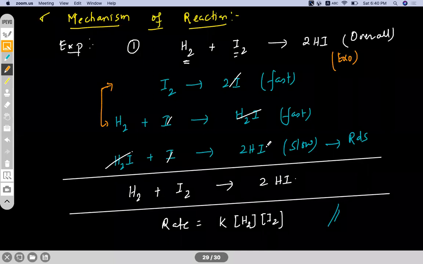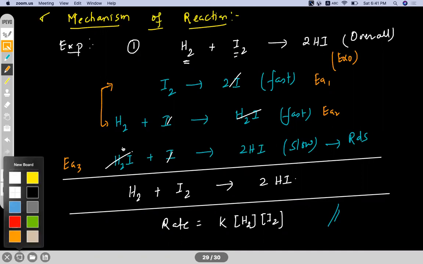So let's not focus on the activation energies EA1 and EA2, since we have no idea of those two. The overall idea we have is that the reaction is exothermic, and activation energy EA3 is the maximum. With this information I'll draw the graph of H2 I2.